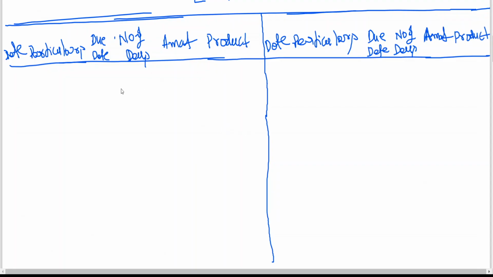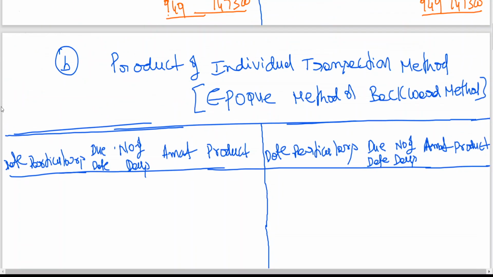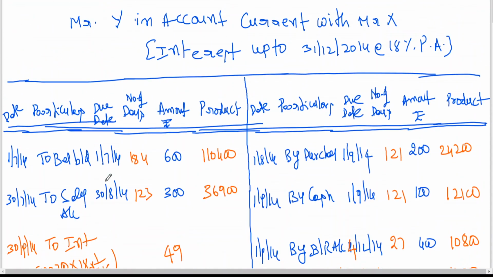Okay. Now you can copy down everything as it is, except number of days. Only the amount will change.